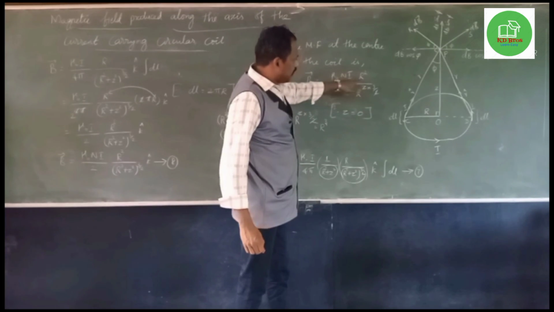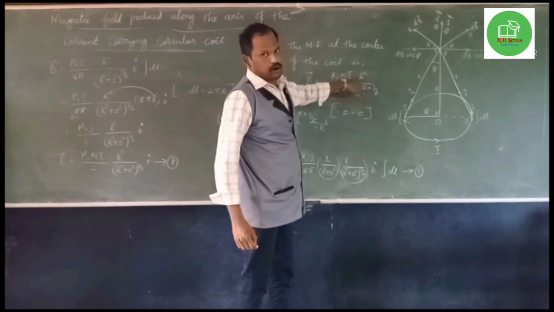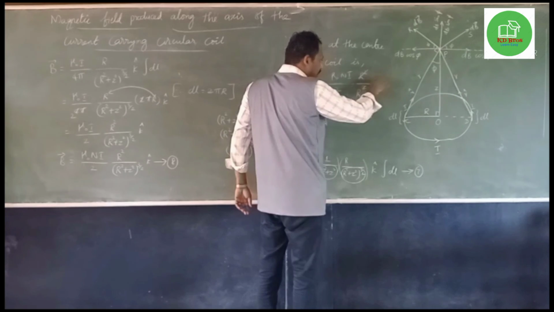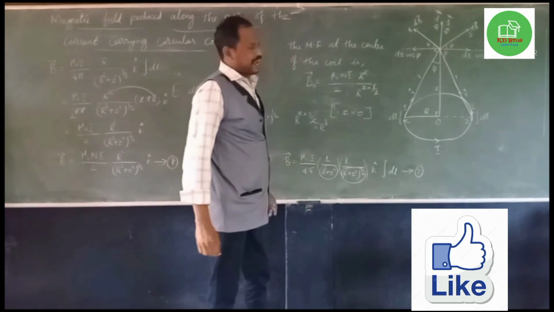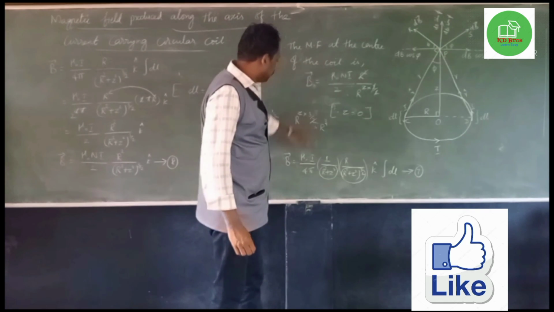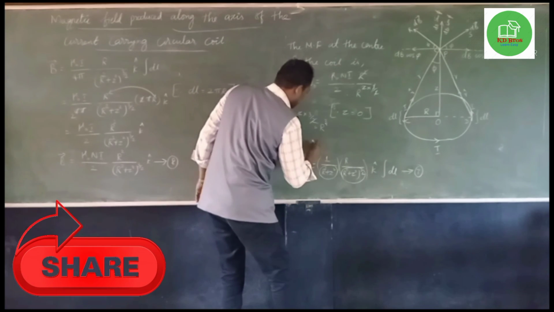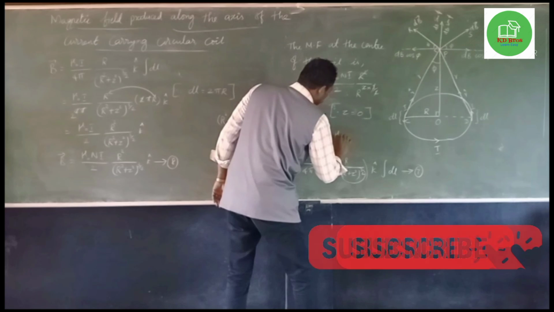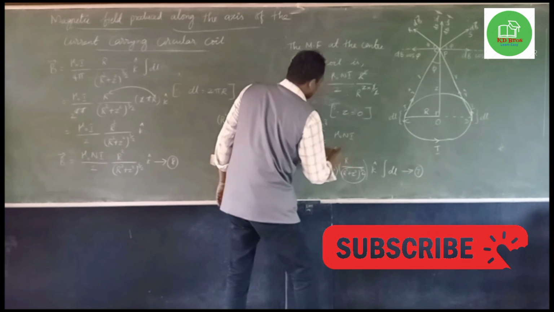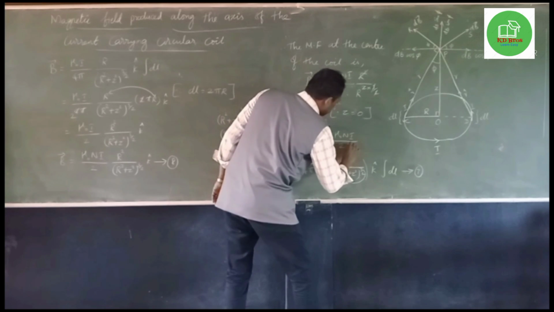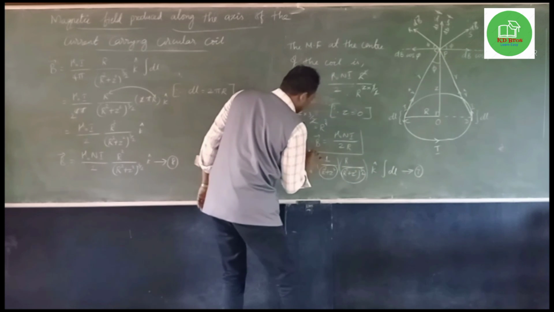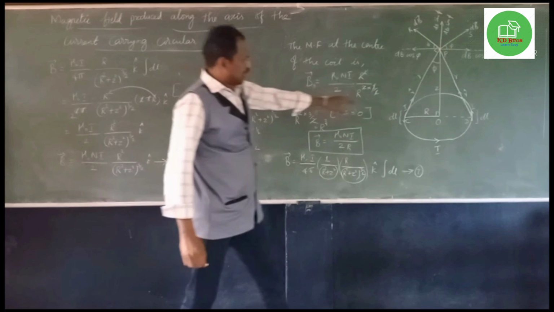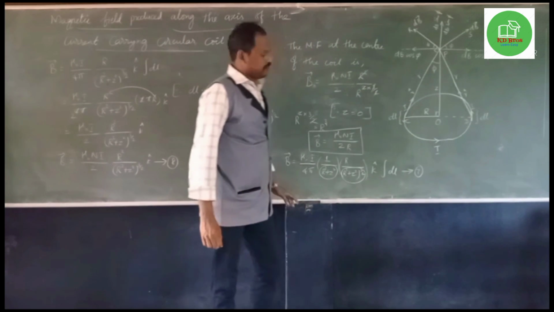Now how will it be? r square divided by r cube. Here the r square and the square will get cancelled. Then this equation will be rewritten. Very simple: B vector is equal to mu naught N I divided by 2r. So this is the magnetic field experienced at the center of the coil. Thank you.